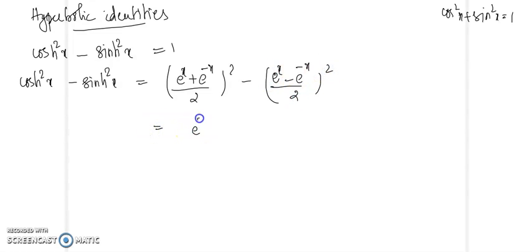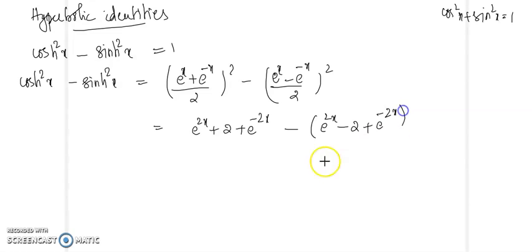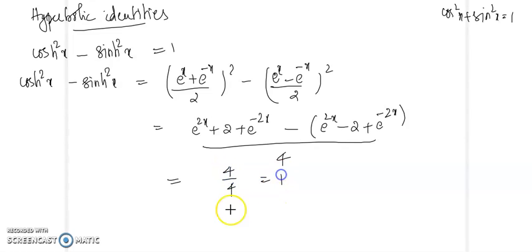So you will get e raised to 2x plus 2 plus e raised to minus 2x, minus e raised to 2x minus 2, plus e raised to minus 2x, by 4. So e raised to 2x will cancel off. You will have 4 by 4, that is equal to 1. So the first hyperbolic identity is cosh square x minus sinh square x equal to 1.